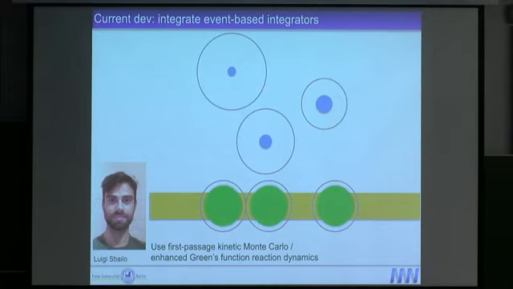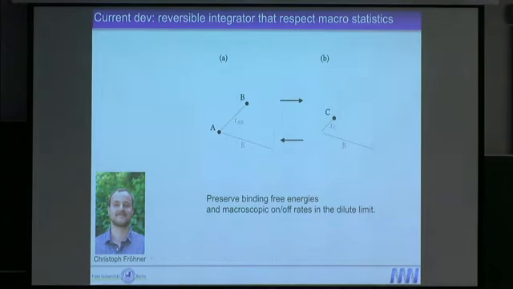So we should be able to take longer time steps if we knew which particle we're doing what for. Basically we can draw protective domains around these particles, decide how long it is going to take until the particle exits the domain, and then sample its exit point, which is the simplest version of first passage kinetic Monte Carlo or EGFRD. Then we can schedule these particles to jump long steps ahead and prevent them from slowing down our simulation. So this is something I'd like to implement.